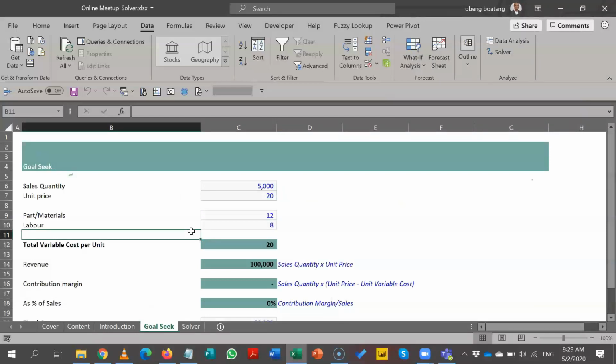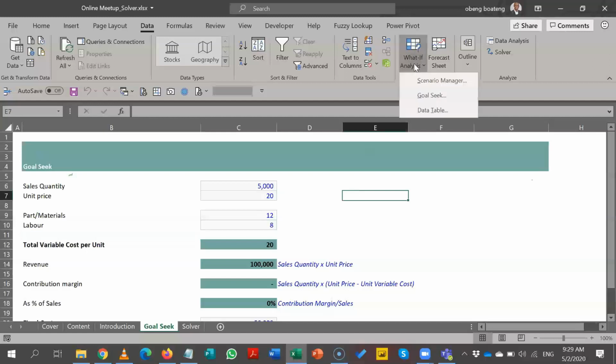I've mentioned 1, your objective cell, 2, your variable cells, and then 3, your constraint cells. You have to get these 3 on standby. You have to identify them. Now, before you use any of the what-if analysis tools, you need to have a model in place.